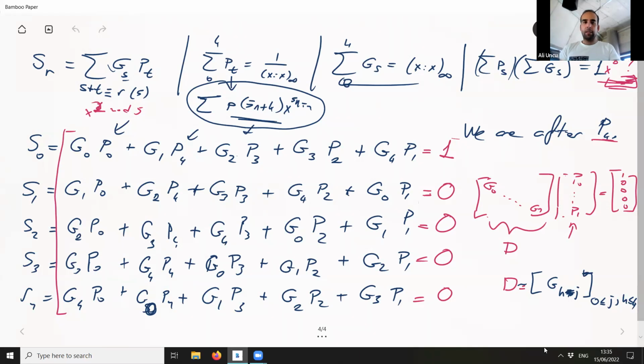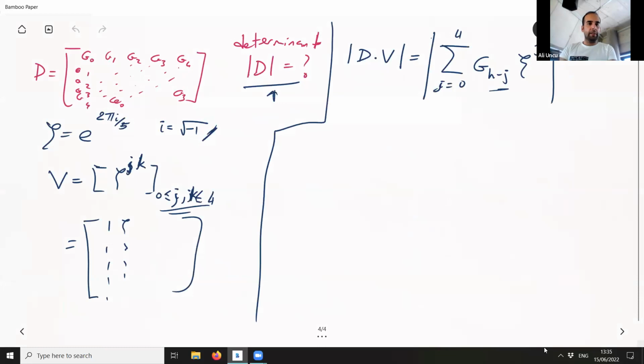So let's write it that way. We know what we're dealing with. The actual matrix that we want to deal with is when we have the columns associated with P0 first, then P1 the second, P2 third, then P3, and then P4. The first column is not going to change, so it is just G0, G1, G2, G3, and G4.